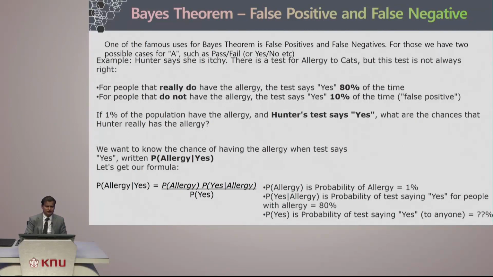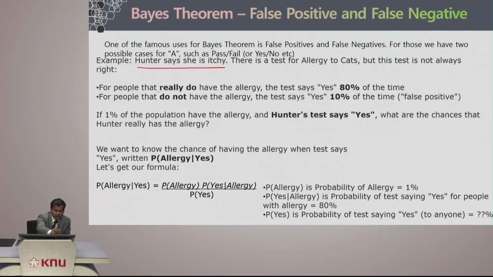Here Hunter says she is itchy, right? She says she is itchy, and there is a test for allergy to cats, but this test is not always right, which means it is not 100% accurate.